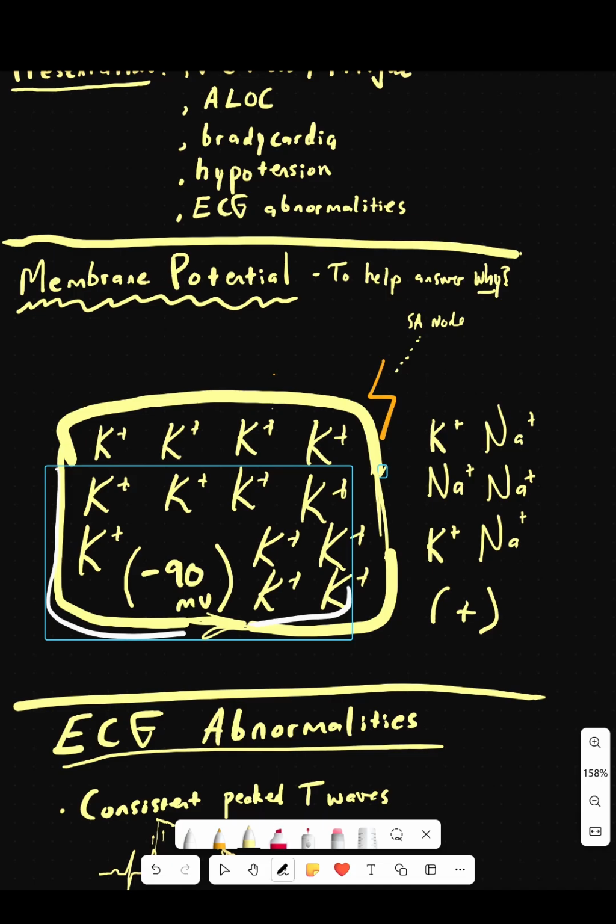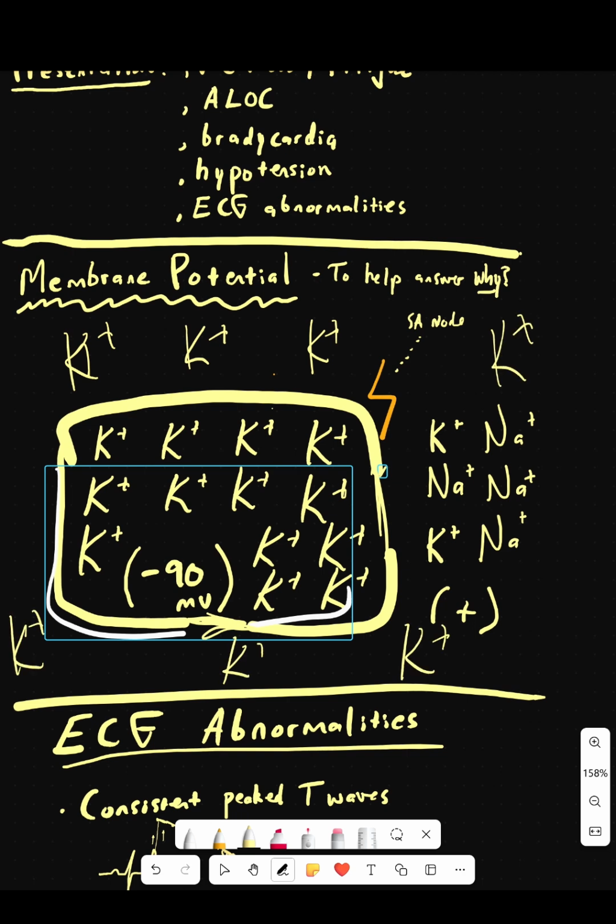But when we have a patient experiencing hyperkalemia, we have an excess of potassium ions hanging out around the cell, and that changes membrane potential because those charges are relatively different now, all right?